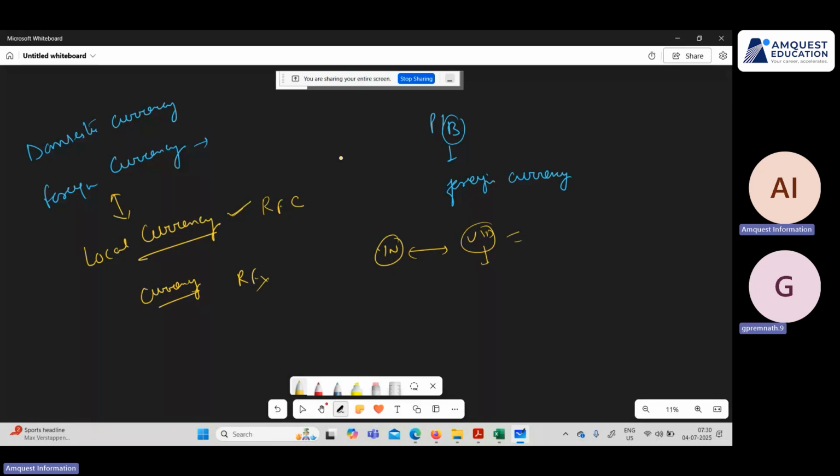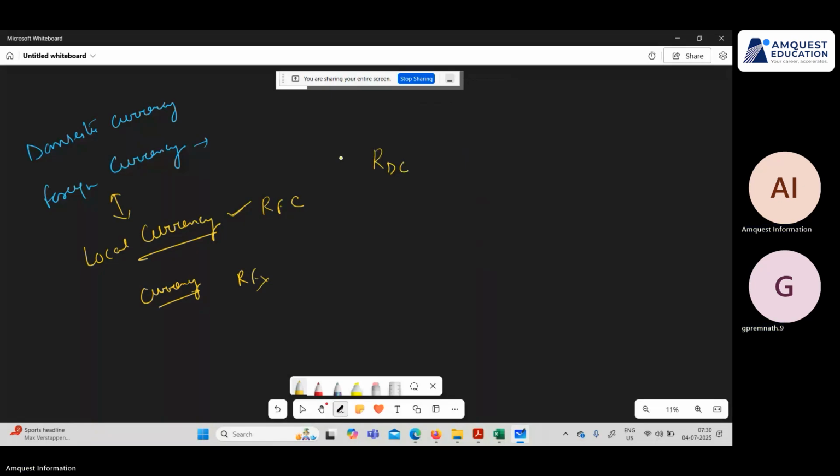Is that okay? So can I say that overall, my total return in domestic currency can be given by (1 plus RFC) times (1 plus RFX) minus 1, obviously, right?